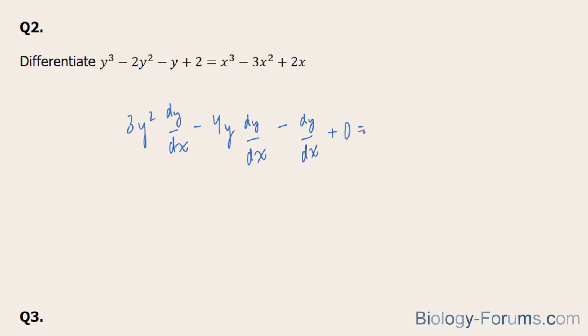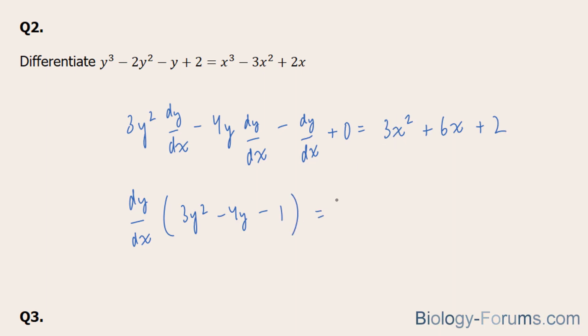That's the left side. And on the right side, what we have is 3x squared. Once again, we're using the power rule, plus 6x plus 2. Next, we'll factor out the dy over dx. dy over dx. 3y squared minus 4y minus 1 is equal to the right side.